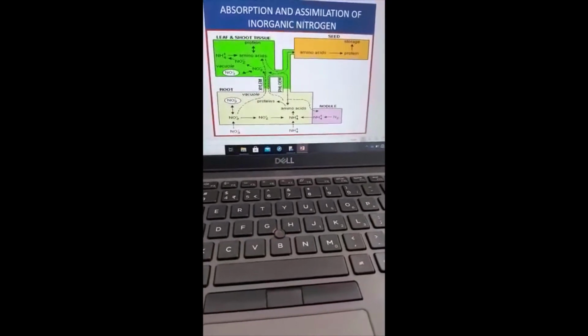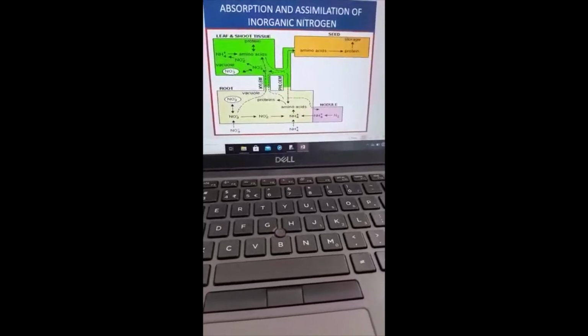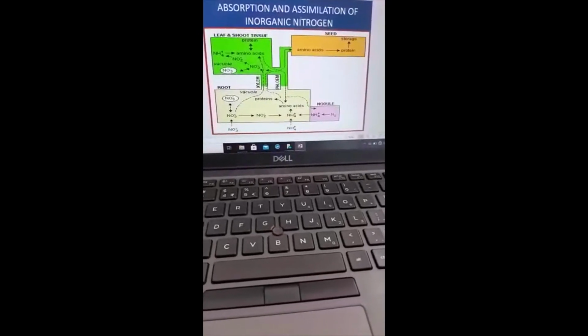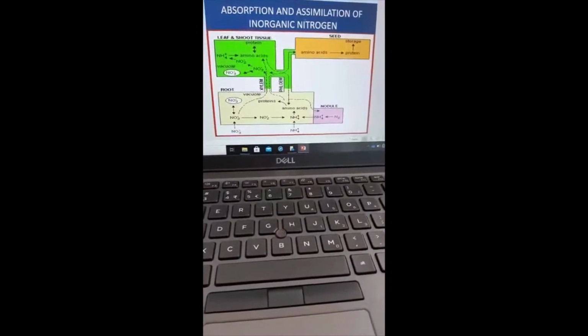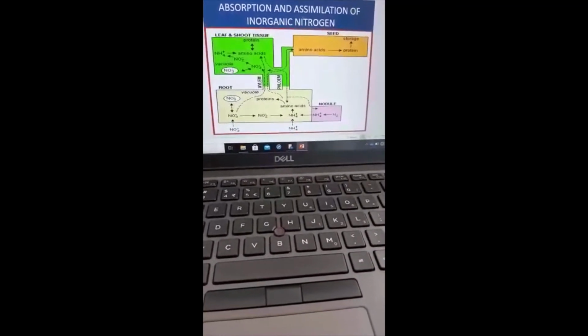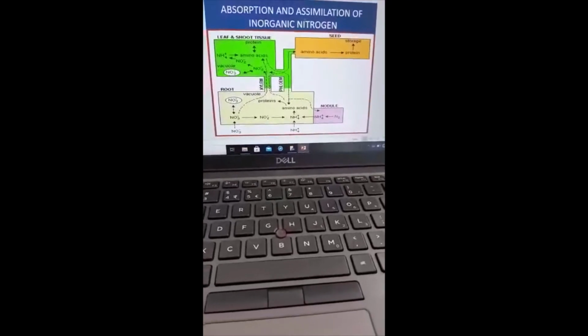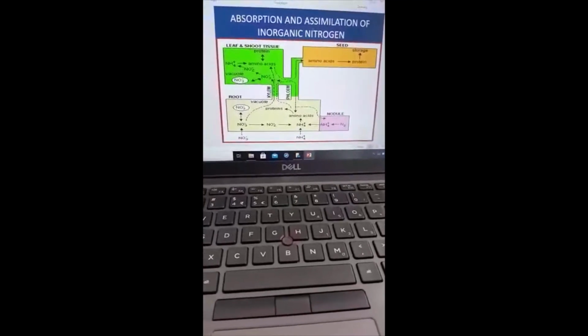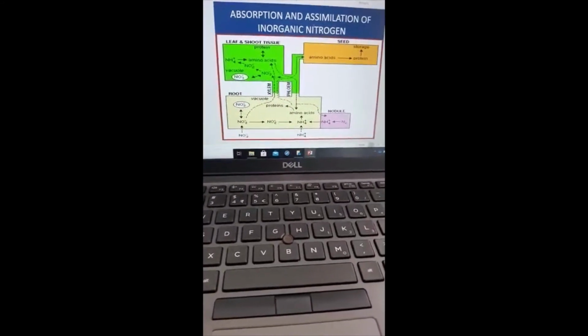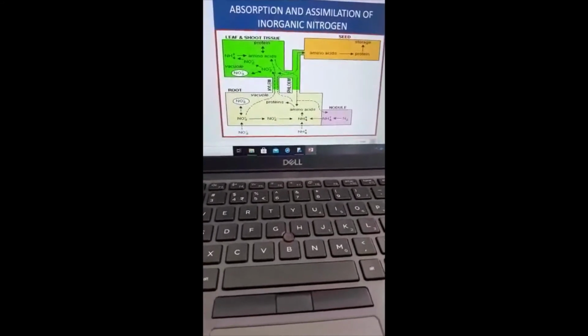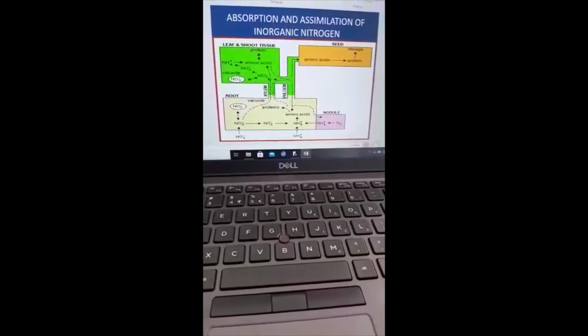Remember, you can go and look at the structure of an amino acid. There is no amino acid that does not contain a nitrogen atom. So basically one can say no carbon and no nitrogen, then no amino acid, and no amino acid, no proteins.